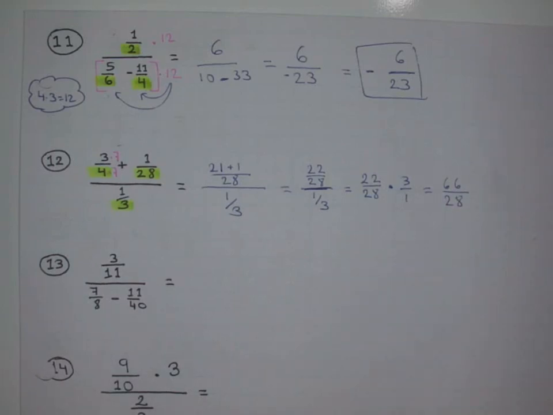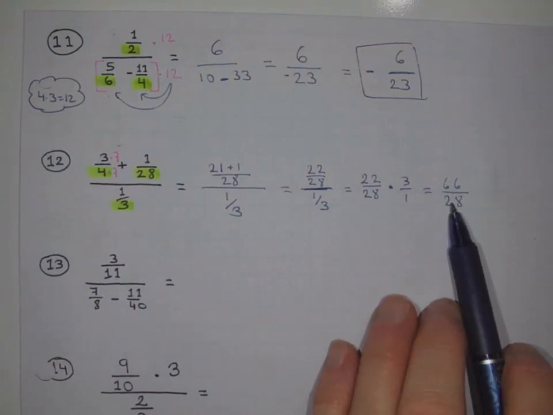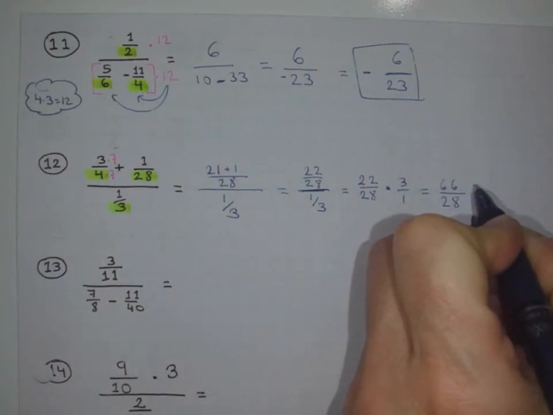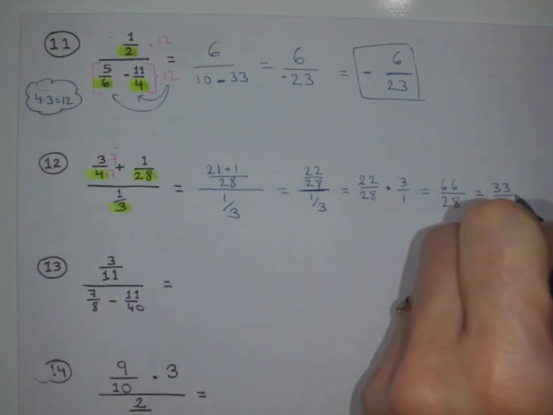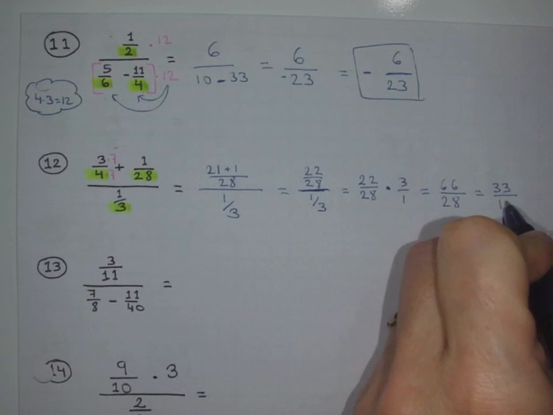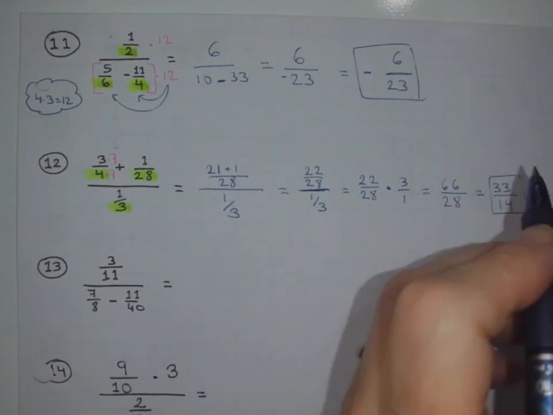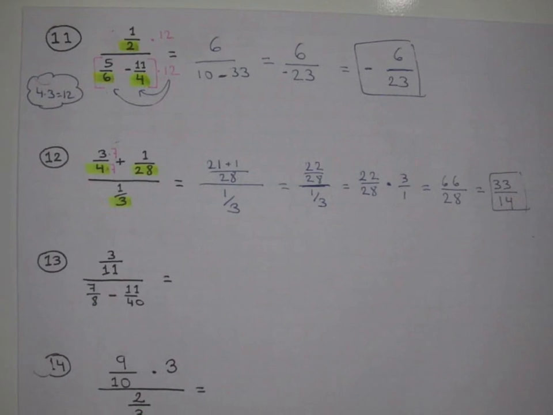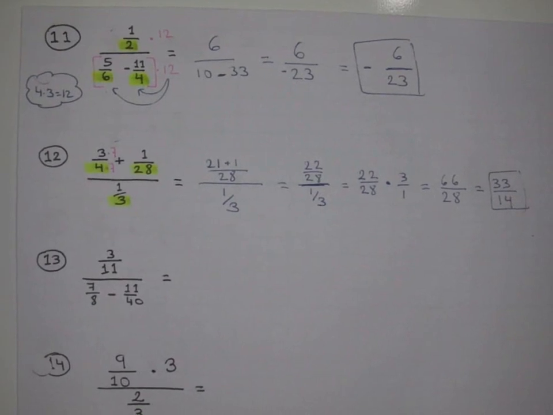And now I'm going to look at those and I'm going to see that they both have a factor of 2, so I can divide 66 by 2 is 33. 28 divided by 2 will be 14, and now they don't have anything in common left, so that will be my answer. That was probably better than the other way I was going to show you.